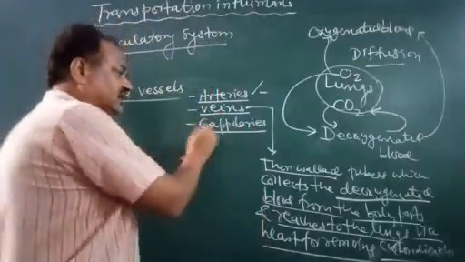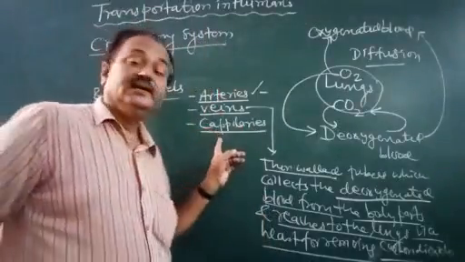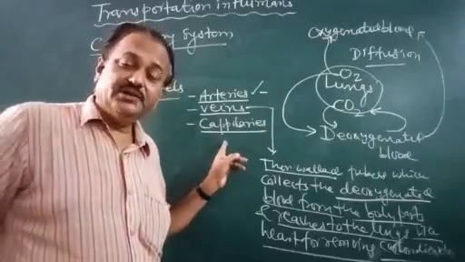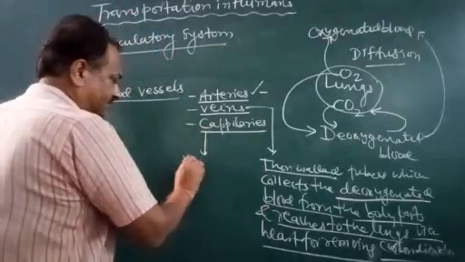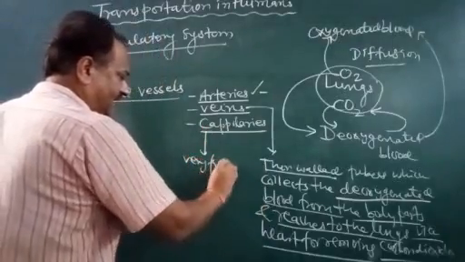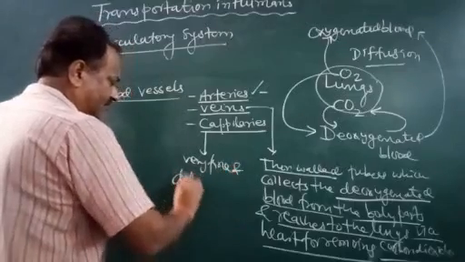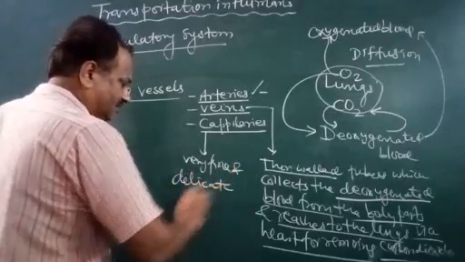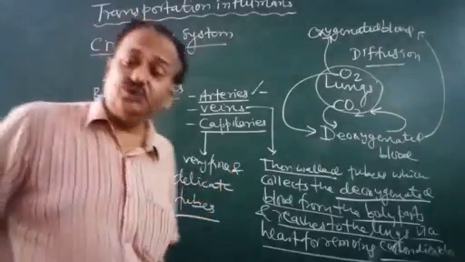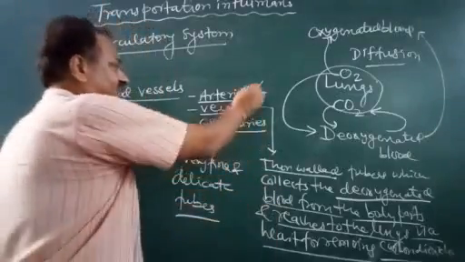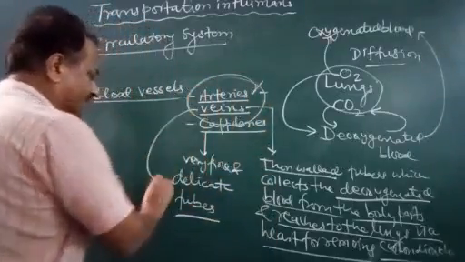Now coming to the third tubes, they are called capillaries. Capillaries are very fine and delicate tubes, and are connected to the arteries and veins.